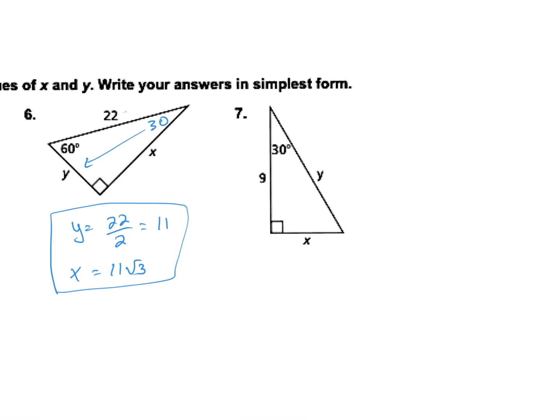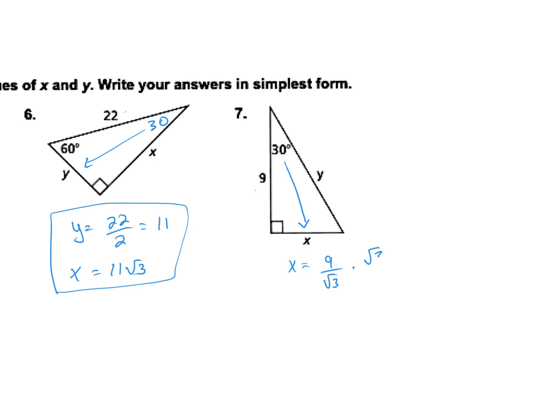Okay. Once again, this is opposite. That is, I don't know what that is. It's just an x. But I noticed that the longer leg is 9. And the longer leg is times root 3 of the shorter leg. So to find x, we just need to divide 9 by root 3. So x equals 9 divided by root 3.